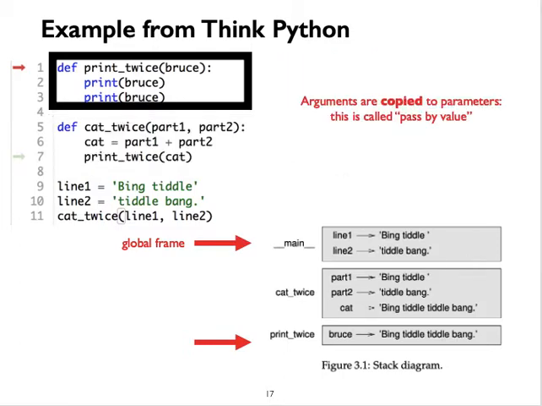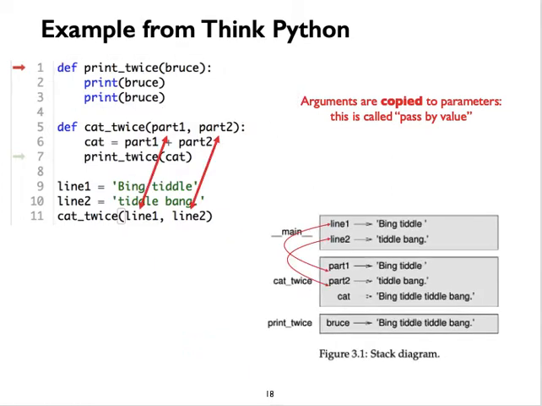I want to talk to you next about arguments. Arguments are copied to parameters in a process called pass by value. What that means is that when we're calling print twice, we are wondering how the value is stored in the parameter Bruce and what's actually going on.